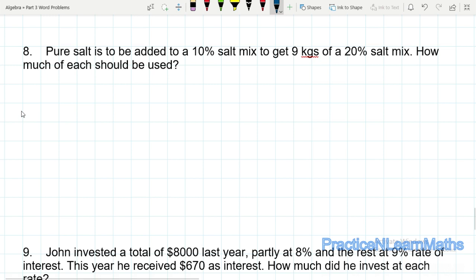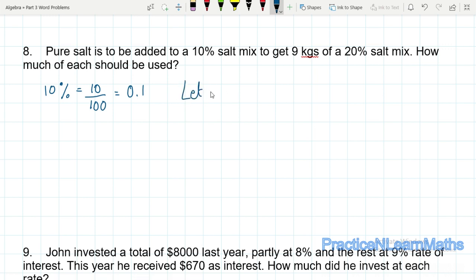Sum number 8. Pure salt is to be added to 10% salt mix to get 9 kgs of 20% salt mix. How much of each should be used? So, 10% we can write as 10 over 100, which is 0.1.